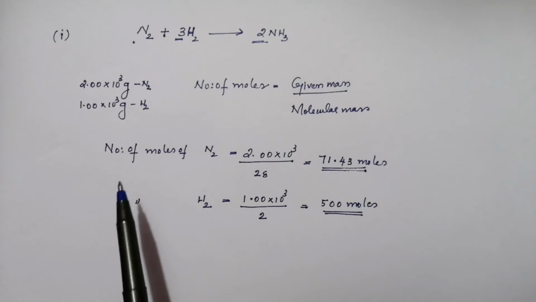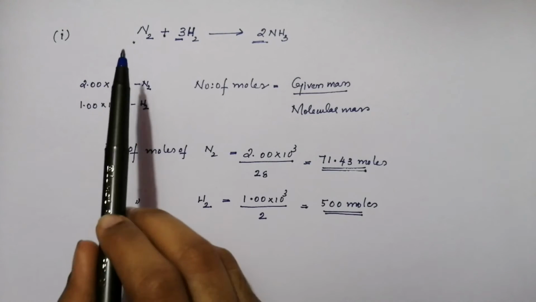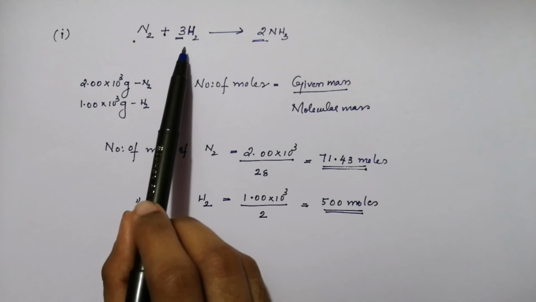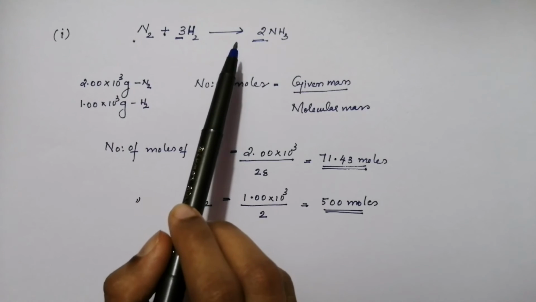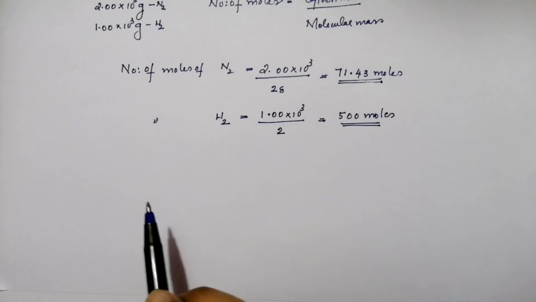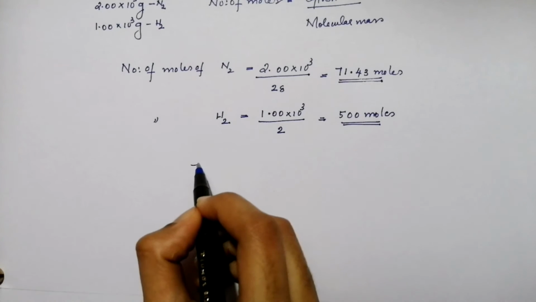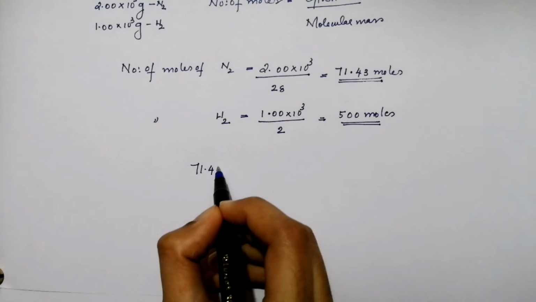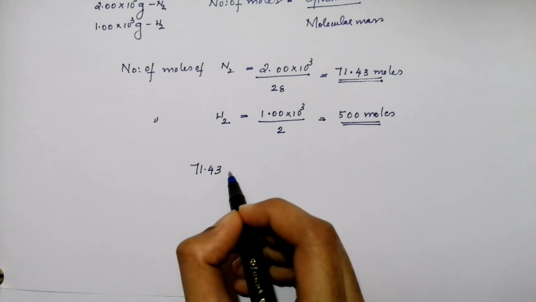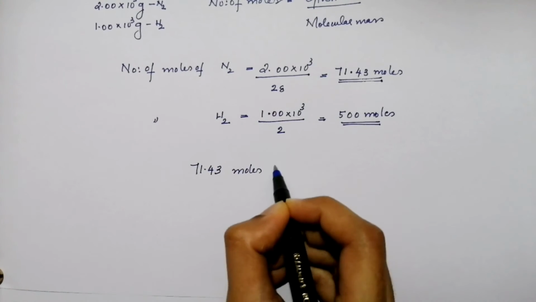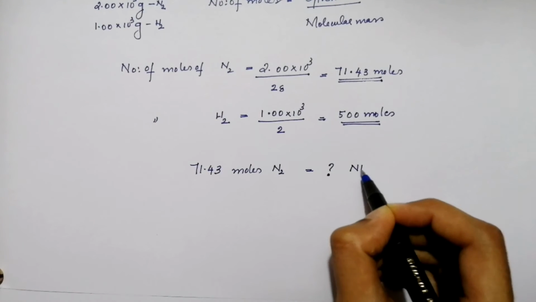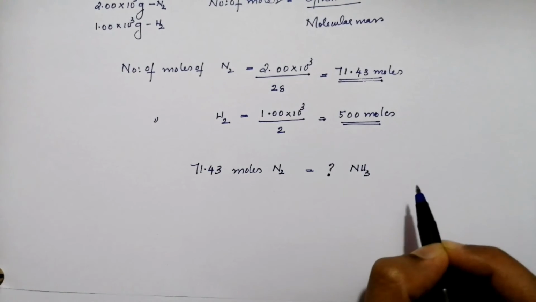From the balanced chemical equation, we can say that here 1 mole of dinitrogen is reacting with 3 moles of dihydrogen to give us 2 moles of ammonia. Now we have to calculate how many moles of ammonia will be produced when 71.43 moles of nitrogen is reacted. So this is what we have to calculate first.